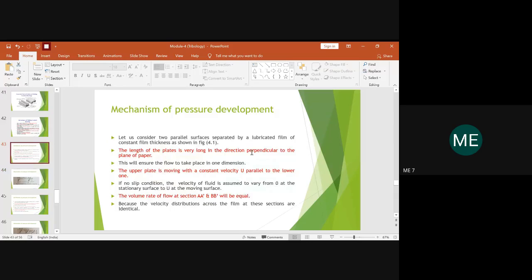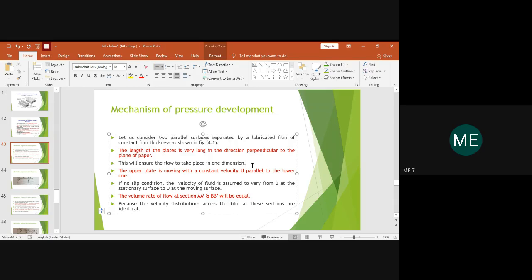After drawing the plates and showing the direction, right, you will ensure that the flow takes place in only one dimension. Even here the oil film leakages are assumed to be nil, and hence the flow is considered in one dimension. It is not a two-dimensional one. If it is assumed in two dimensions, the derivation becomes still longer.